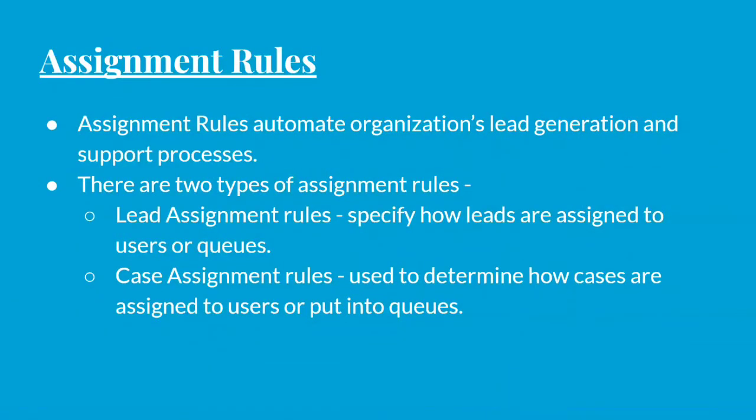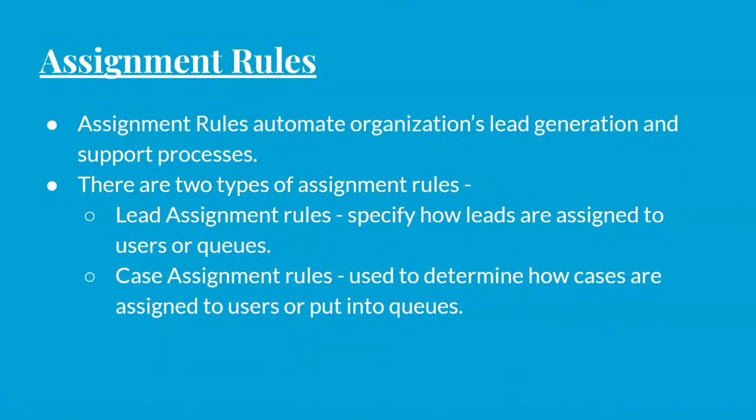Similarly, we have assignment rules for cases as well. So what were cases? We discussed that cases are the communication between the customer and your support team. If they're facing any kind of issue and want to raise it, all the details related to the issue raised by them get tracked under the case object.